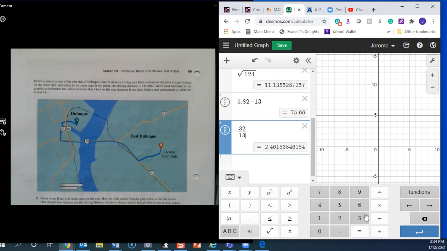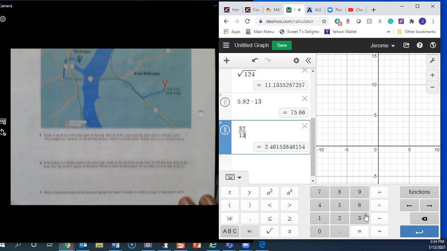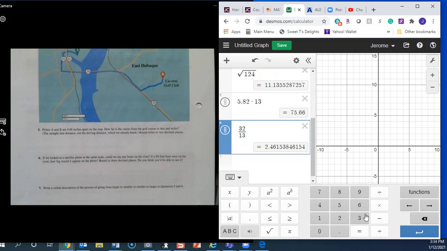We're most interested in the graphic at the bottom left, which indicates that 1 inch on the map, measure if you don't believe me, corresponds to 2,000 feet in real life. Okay, now we go down here to number 5. Points A and B are 4.06 inches apart on the map. How far is the casino from the golf course in feet and miles? The straight line distance, not the driving distance, which we already know. Round miles to 2 decimal places.